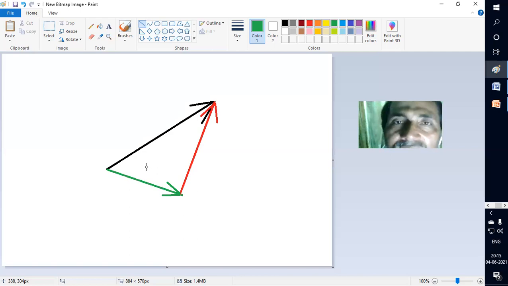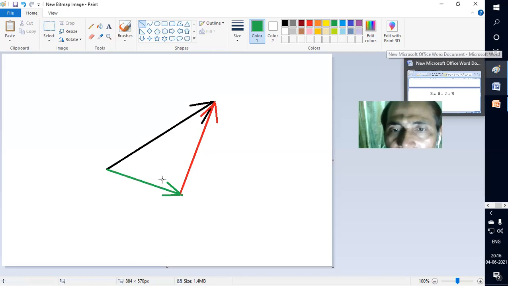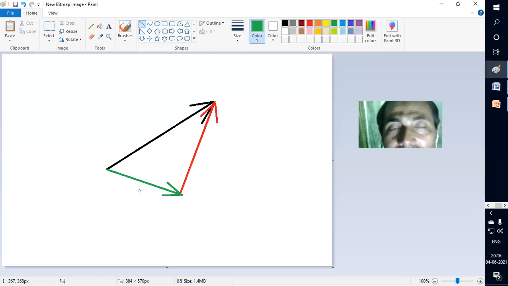Then those two vectors are called the components. Here, red and green color, these two vectors, when added, the result is the black color vector. So black color vector is supposed to have the two components. One is green in color and other is red in color. So this is the concept of the components of the vector.